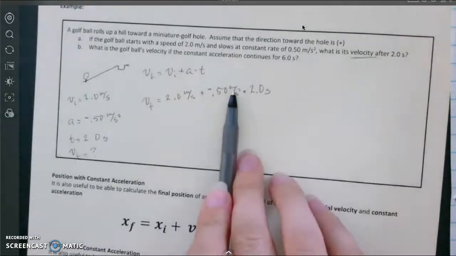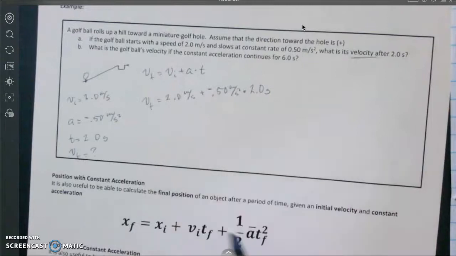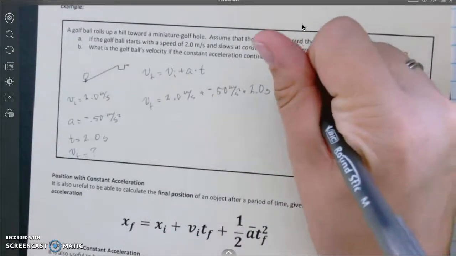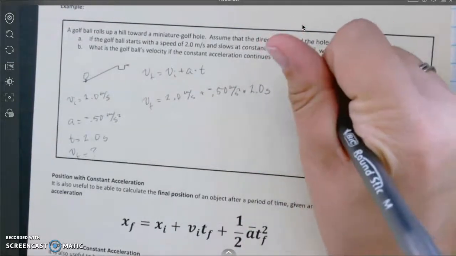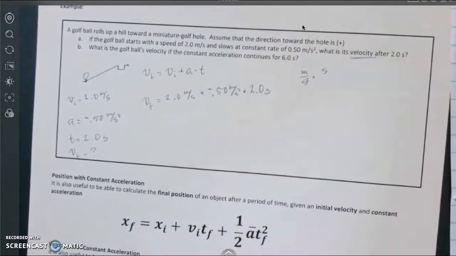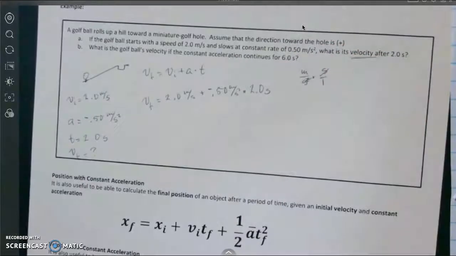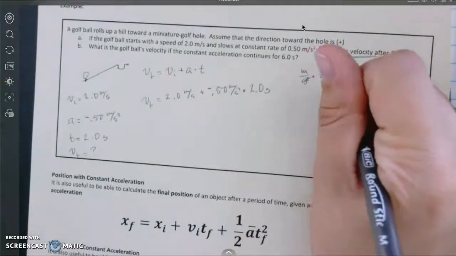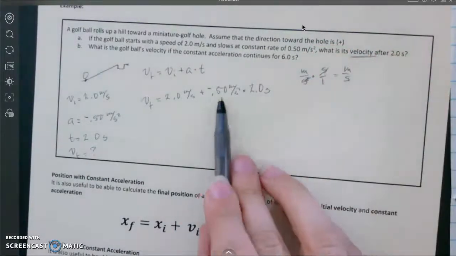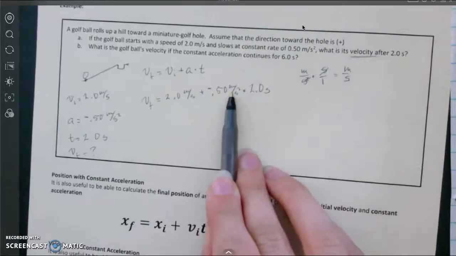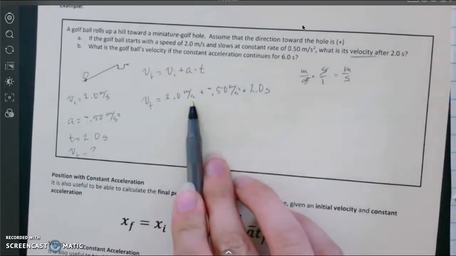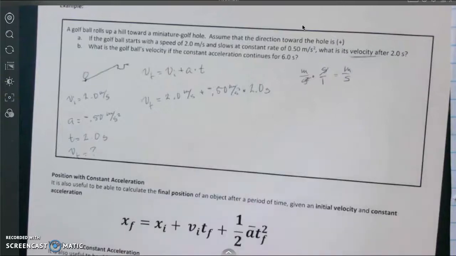So let's look at this meters per second squared times seconds. Put that over 1, so that seconds cancels with one of those. So I'm left with meters per second. And then we're adding that to meters per second, which just means we end with meters per second. That's exactly what we wanted. Good. Means we rearranged that equation correctly.